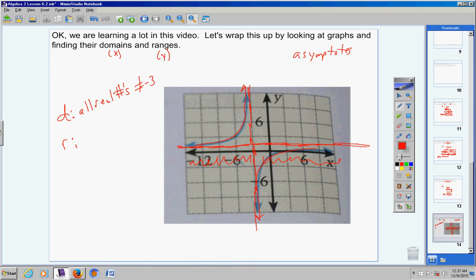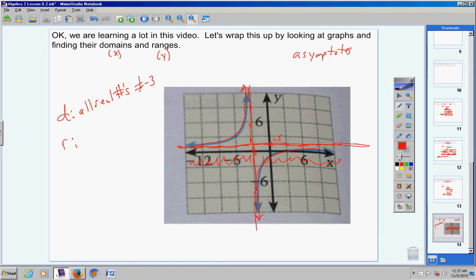So here's the deal. I know the graph continues upward forever and ever, and downward forever and ever. However, there's one place here, we're going to call it 3. No, I'm sorry, from here to here's 3. So we're going to call it half of that, so we'll call it 1.5. Just an estimation is fine.